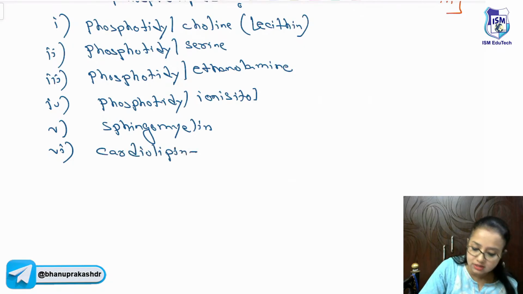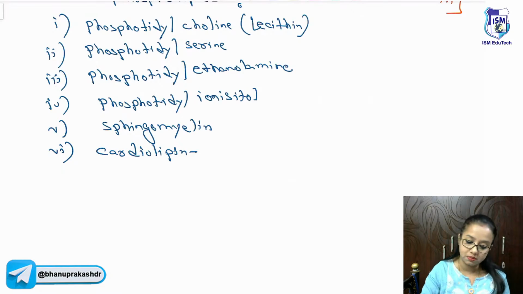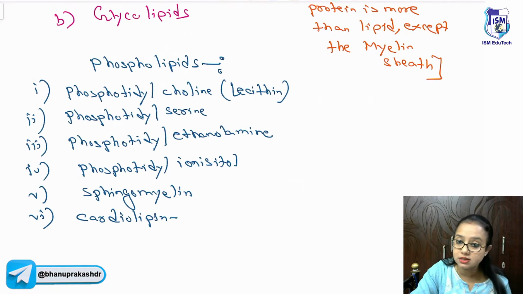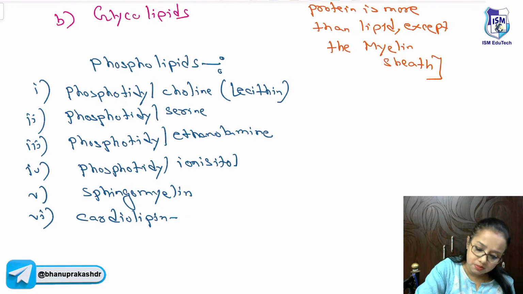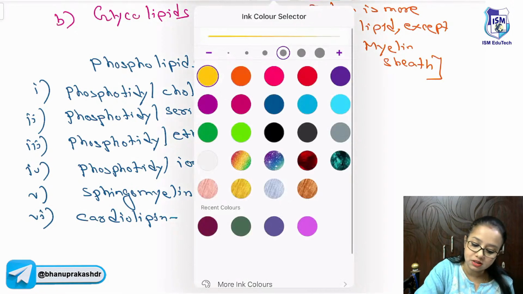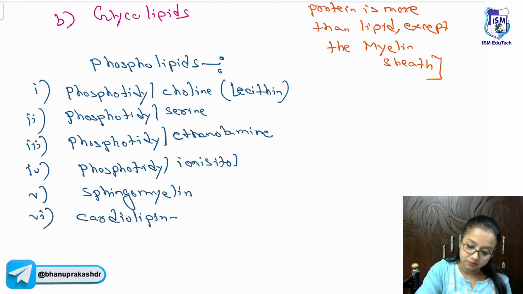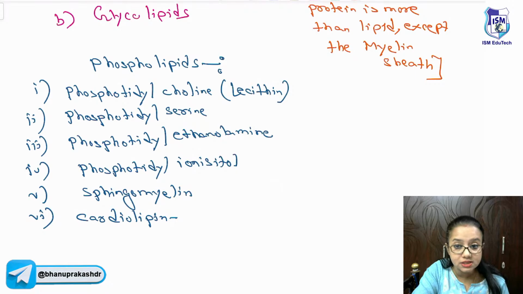Now, just for our exposure, in context to all these components, we will mention the name of one clinical condition for each. Phosphatidylcholine, lecithin, is very much essential for the maturation of lungs in a fetus.